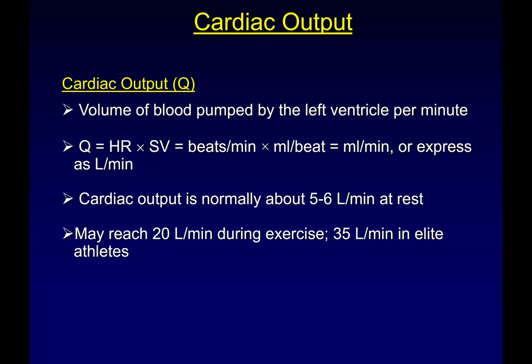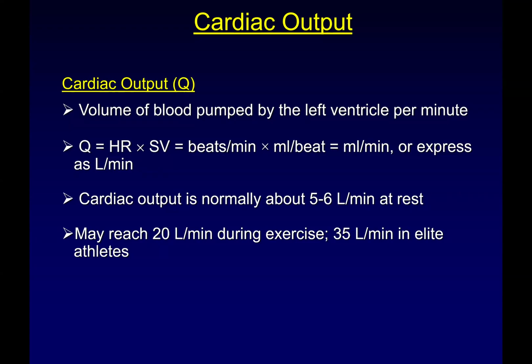So here's my question. How many of you are between 19 and 22 years old? Almost every one of you. You all have an age predicted max heart rate within about 3 beats per minute of each other. We're just going to say all of you are right around 200 beats per minute of max heart rate.